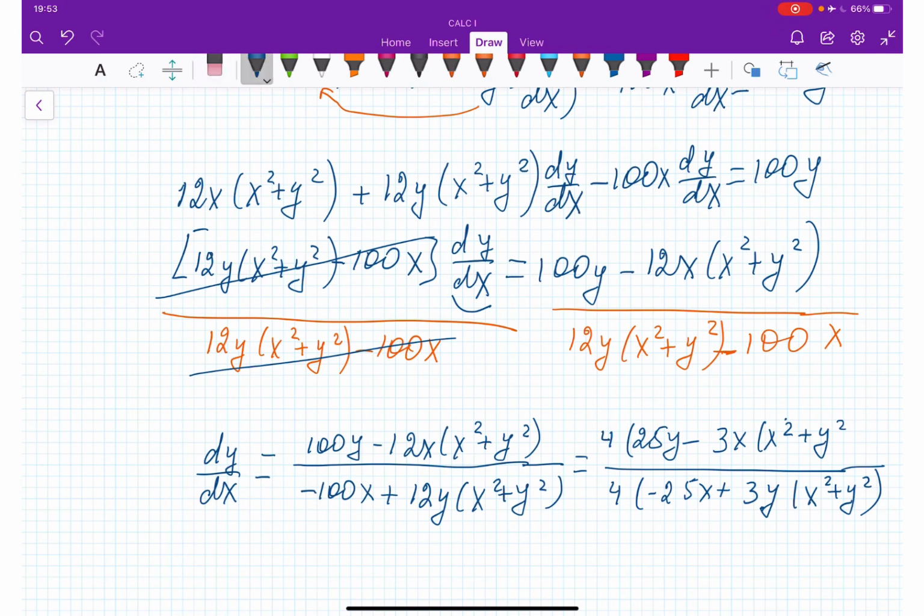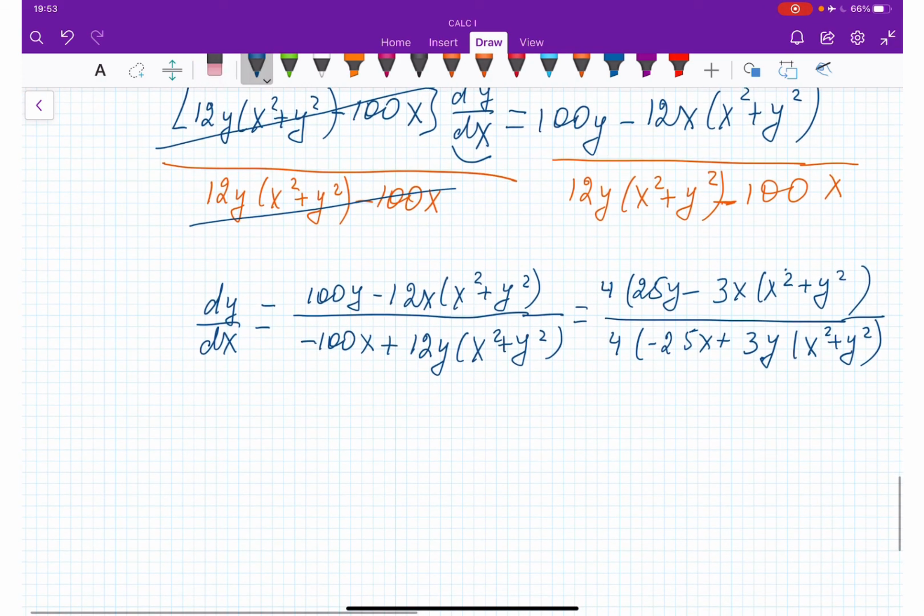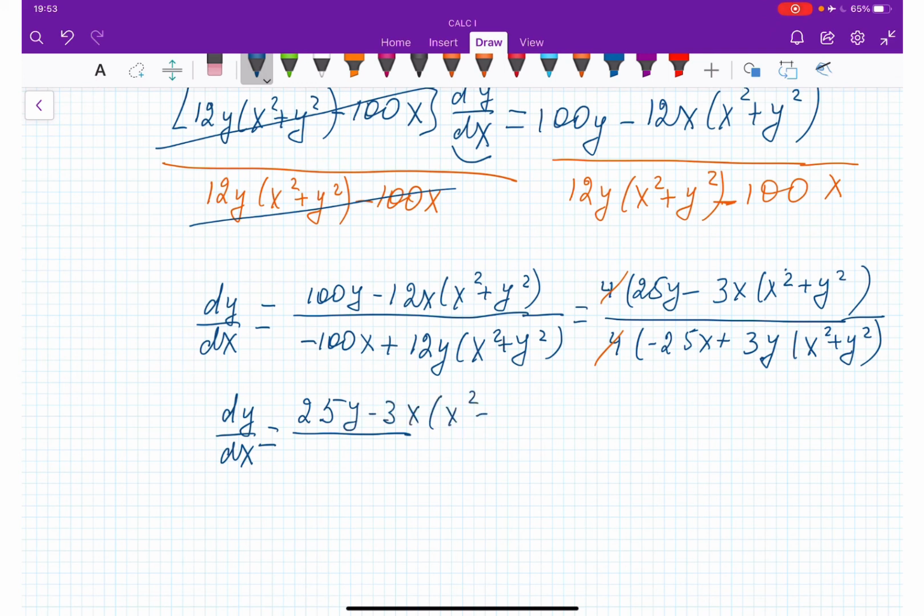Explicit derivative is equal to this whole expression. So dy by dx is equal to, 4 is gone, and it's equal to 25y minus 3x (x squared plus y squared), over negative 25x plus 3y times (x squared plus y squared).